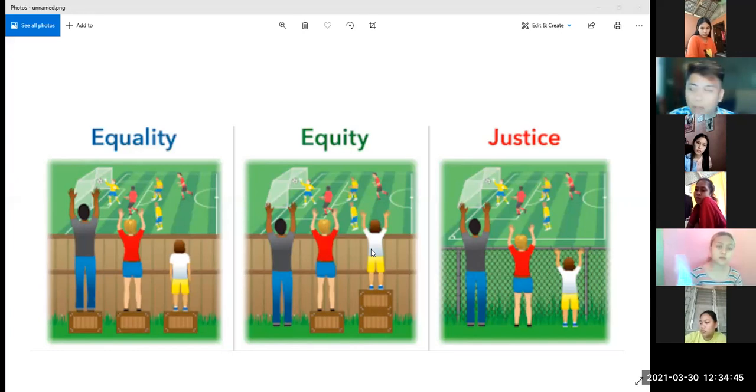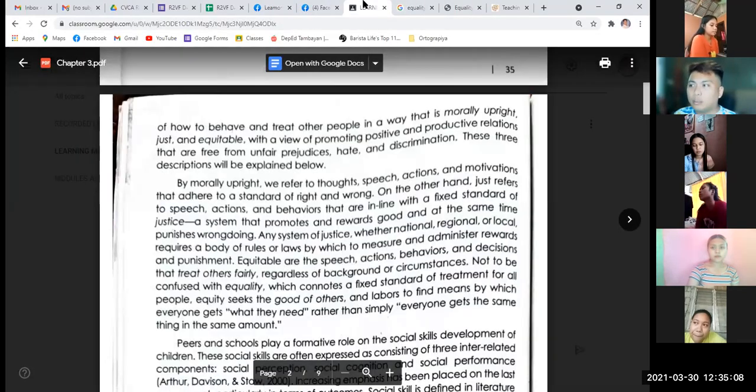Para wala tayong problema and everybody's equal and fair, you remove the barrier. So everybody will have the same opportunity to enjoy things in life. Do you agree? Di ba? So that's the idea of equality, equity. That's something equitable, which is very important and crucial. Equitability.